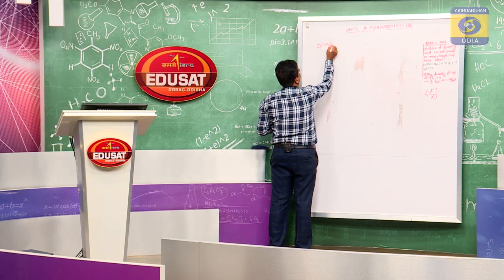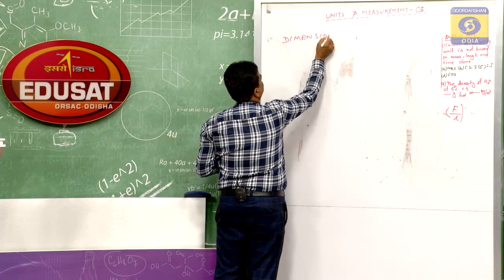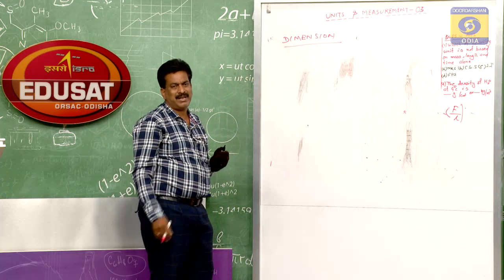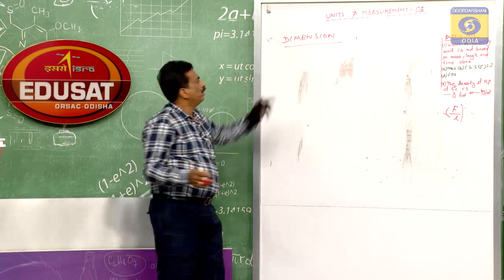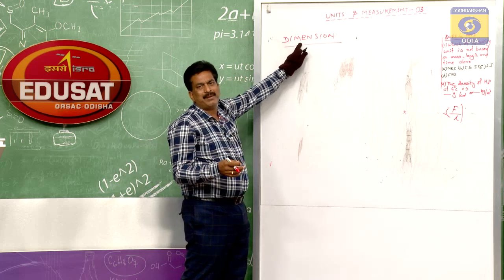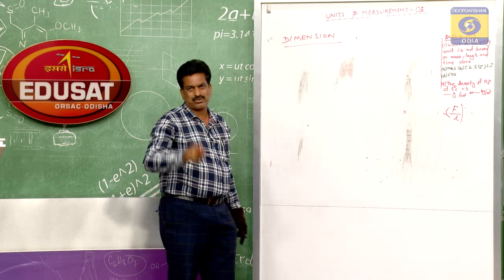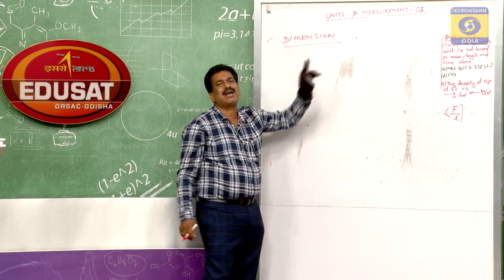Next one is the dimension. Di means 2, and the "sion" is a different word.